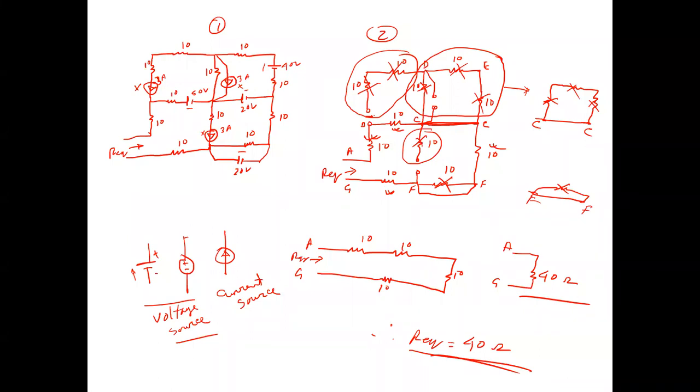Current controlled voltage source: a voltage source depending on the current. Voltage controlled current source: a current source depending on the voltage. And last, current controlled current source: a current source depending on the current. So the dependent source symbol is like this.